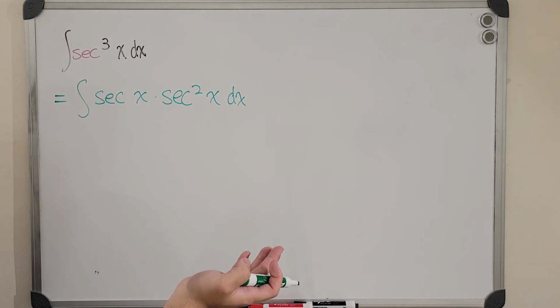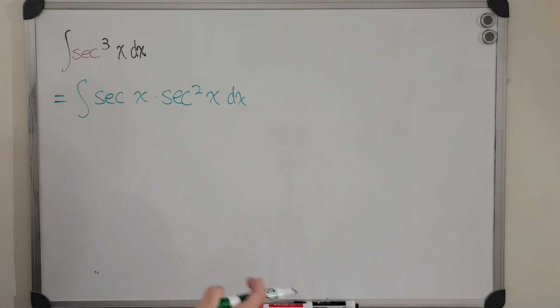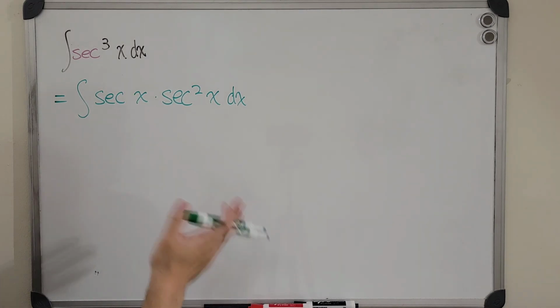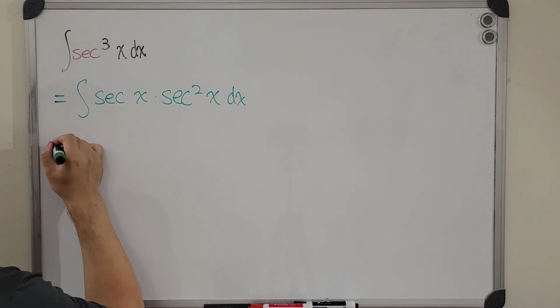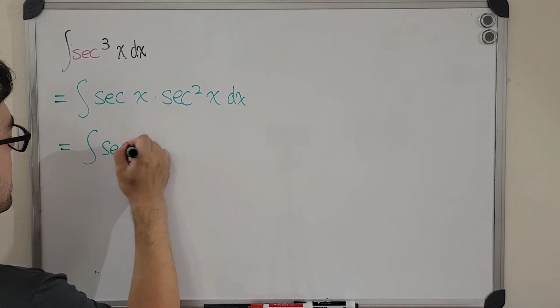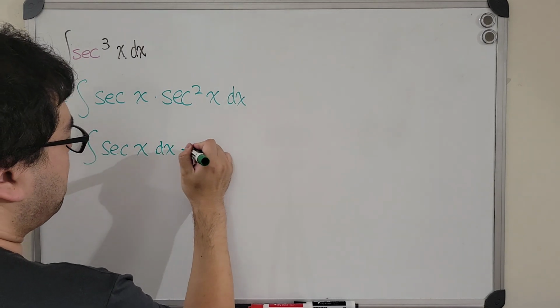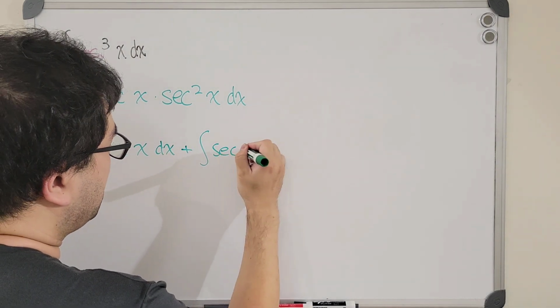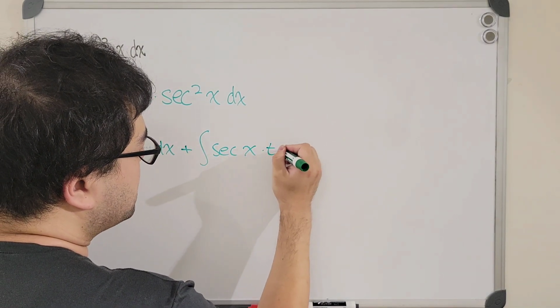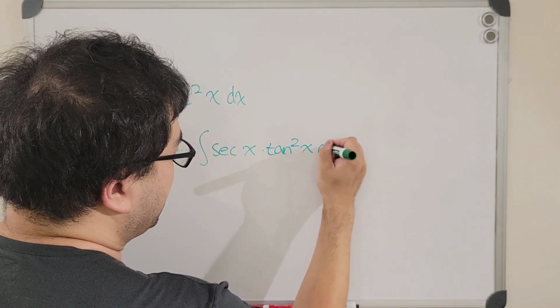And after we multiply the secant in, we're able to distribute into two different integrals of secant of x dx plus secant of x times tangent square of x dx.